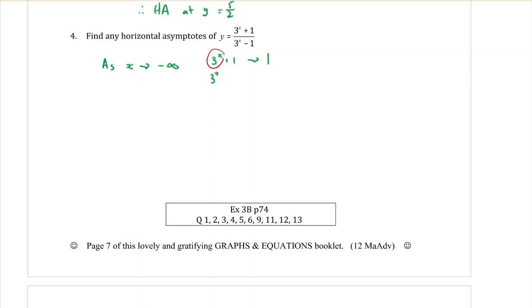Similarly, for the denominator, 3 to the x minus 1, that first term is going to be 0, so that would be approaching negative 1. So the numerator is approaching 1, the denominator is approaching negative 1, so y is approaching negative 1.